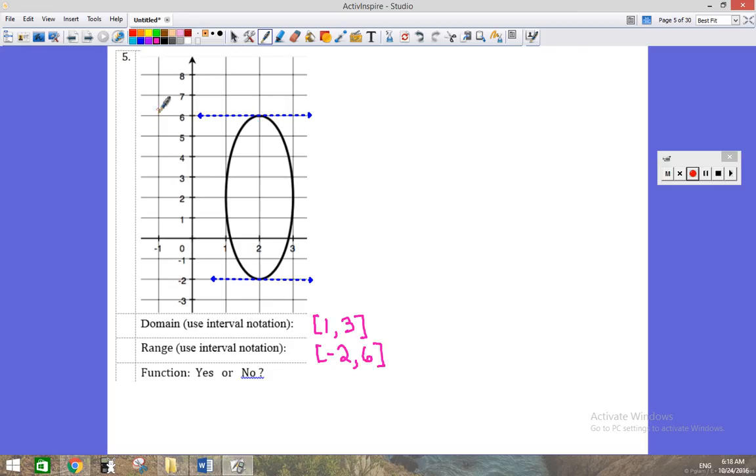Now, although here's a vertical line that doesn't intersect my graph at all, it fails the vertical line test because all it takes is one vertical line to cross the graph in more than one place. So here's a vertical line, and in fact there's infinitely many that intersect this graph more than once, so this is not a function.